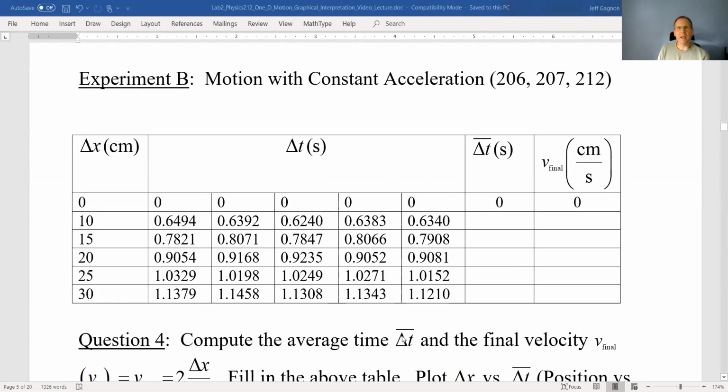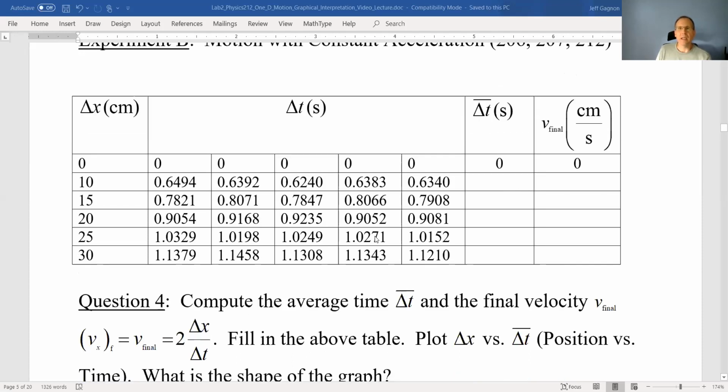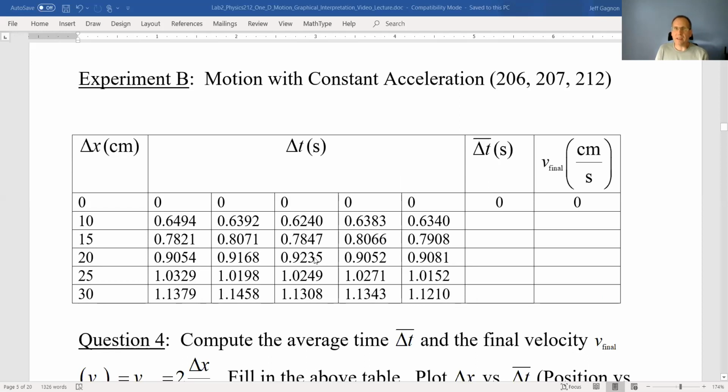Okay, the next part is the constant acceleration part. And again, all 3 labs will do this. There's one question at the end that Physics206 doesn't have to answer, and I'll show you that when we get there. So here's the data table. This is when the air track was on an incline, so the cart underwent an acceleration.